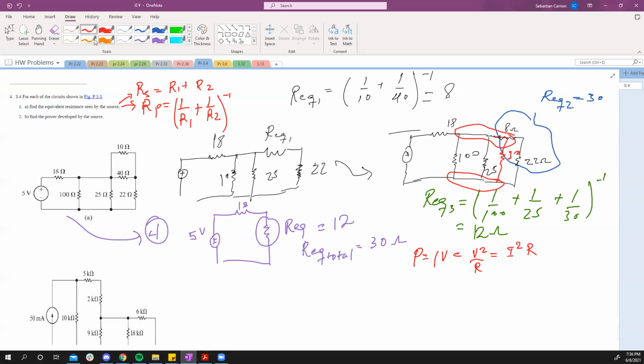So power in this scenario would be 5 squared, 25 over 30, which would be 0.83333, if you want to call it.